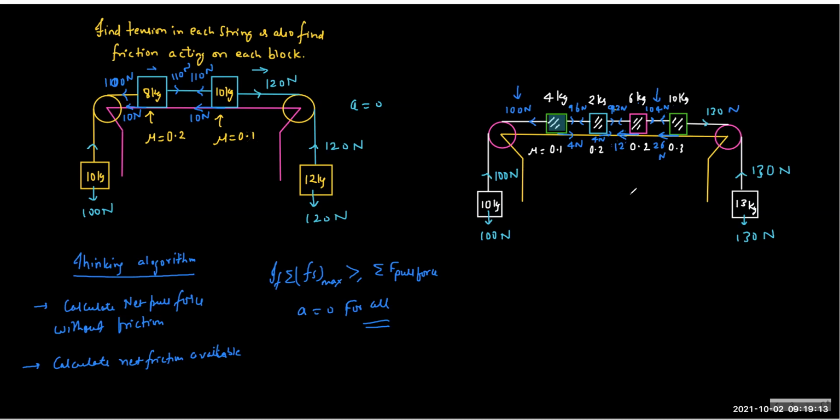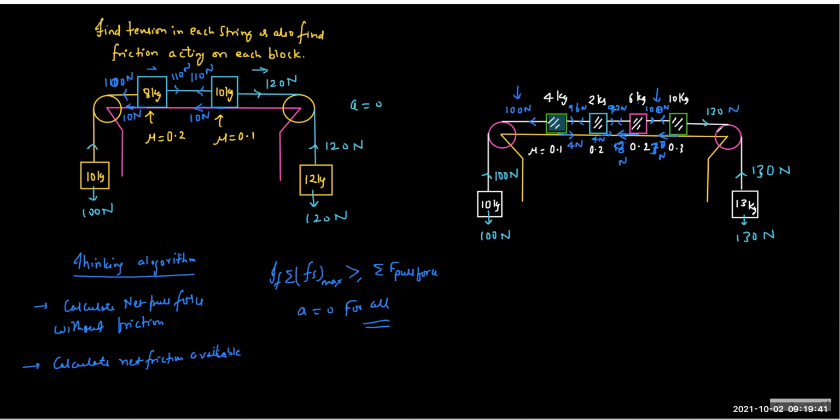The 8 Newton on the 6 kg block. Okay, you're saying the 130, then this will go 30. So it is acting 100. Yes, yes, that is also possible. 100, if we keep, and if we keep this as 30 only, then the friction will become 8 here. And that is possible.